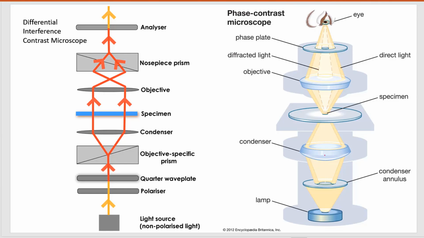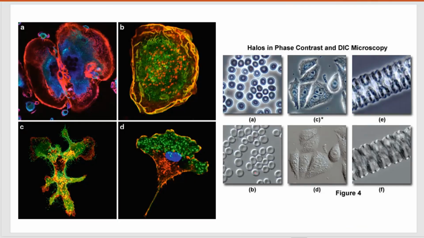There is a condenser and the annulus, and this is where you keep your specimen. This is the objective, diffracted light, and there is a phase plate, and you see with the eye. The images you see are of this type, in this lower panel. These are the kind of images you can see in the phase contrast microscope.